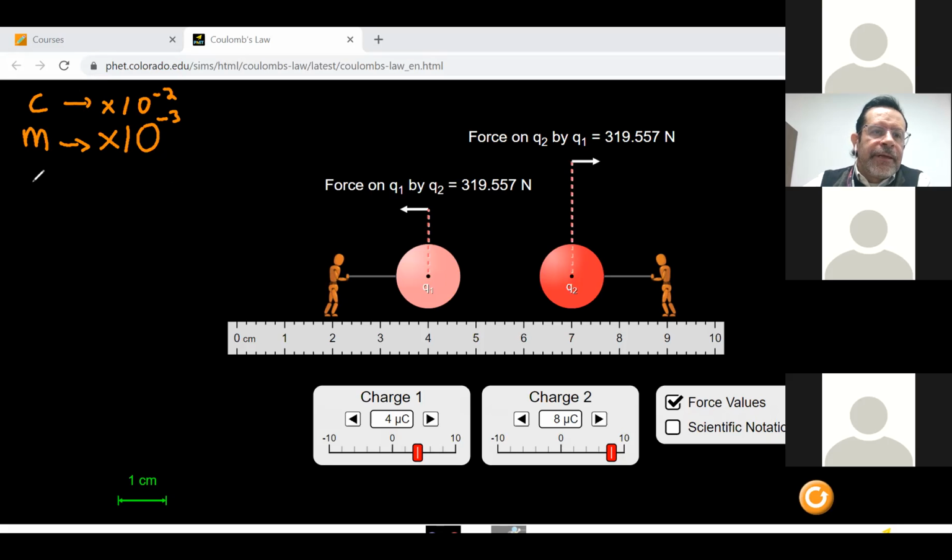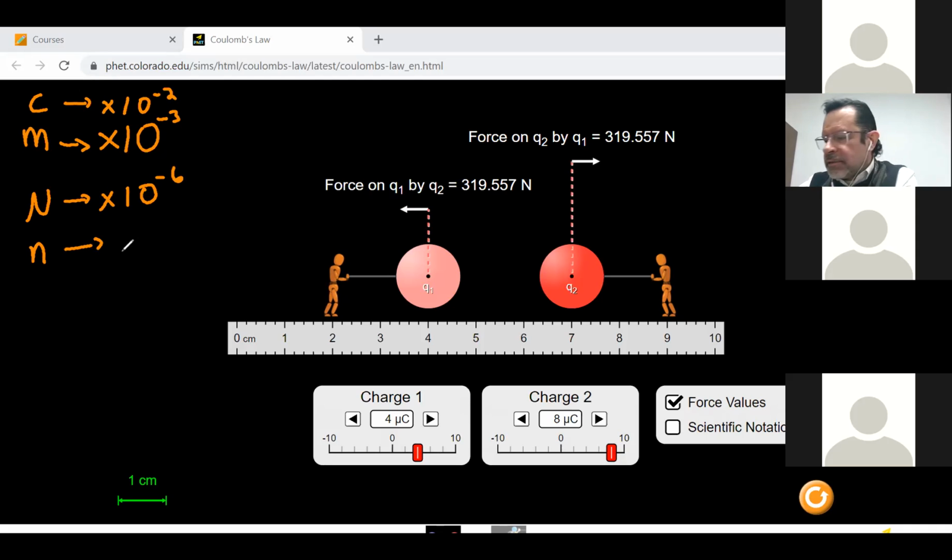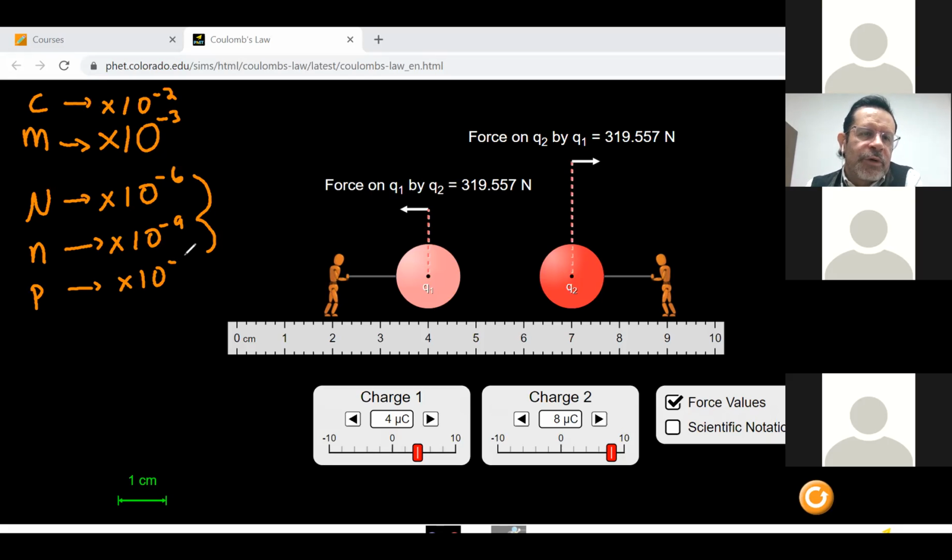And then for some reason we jump the units and go to micro. Micro is times 10 to the minus 6. And then we've got nano. Everybody talks about nanoparticles. Times 10 to the minus 9. And then does somebody know what comes next? Micro, nano, and then what's smaller than nano? Pico. Good. And that's times 10 to the minus 12. There's a sequence here. 12, correct.